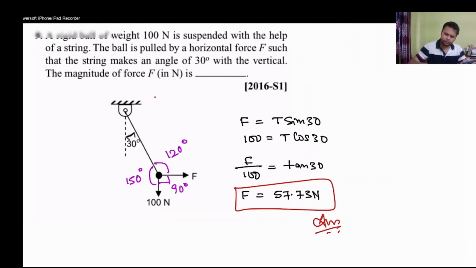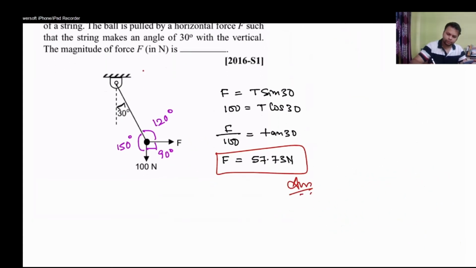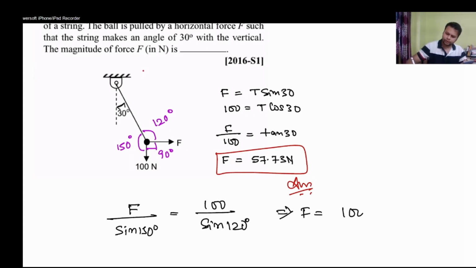So how can I write the equation of Lami's theorem? F divided by sine of the angle opposite to F, that is sine of 150 degree, is equal to 100 divided by sine of the angle opposite to 100, that is sine of 120 degree. So this implies F is equal to 100 sine 150 divided by sine 120, right?